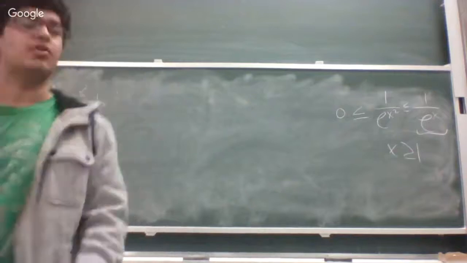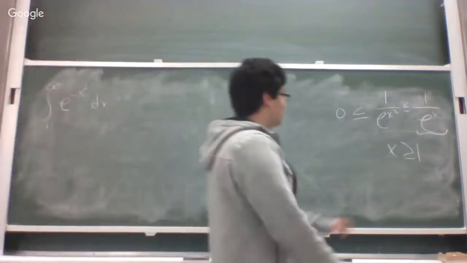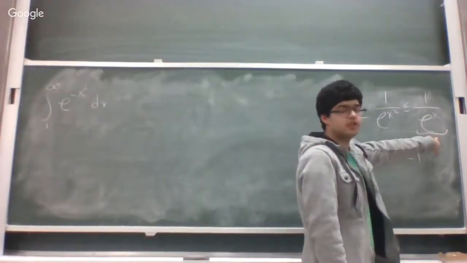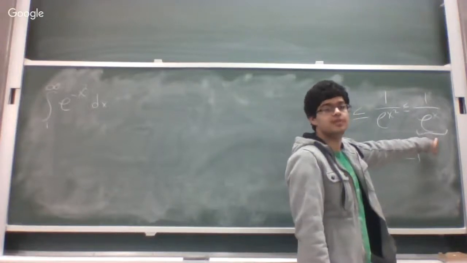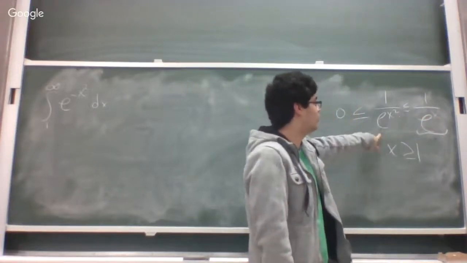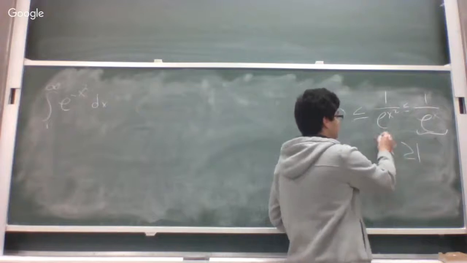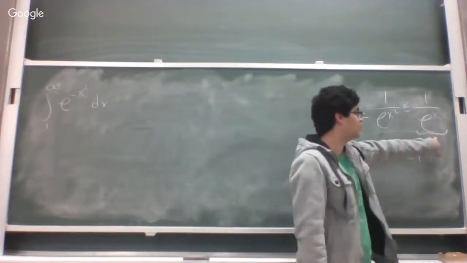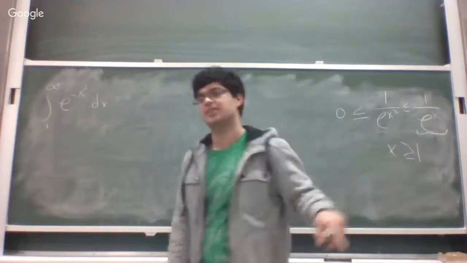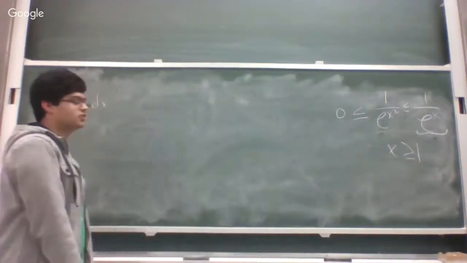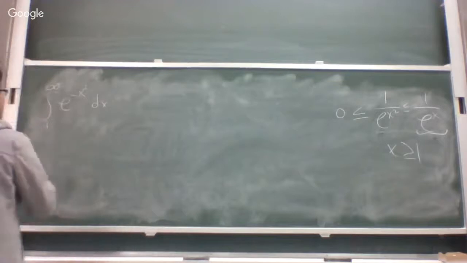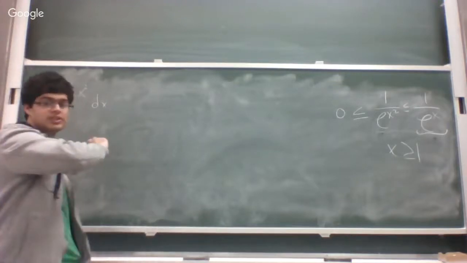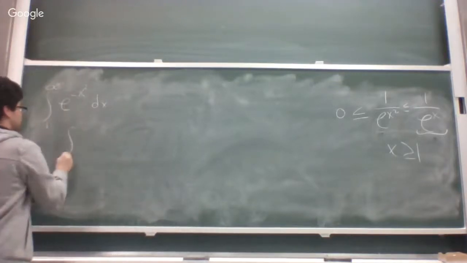If we find that the integral of 1 over e to the x converges, then we know 1 over e to the x squared converges. If we find that this diverges, we don't know what's going on. So we do that integral, since that integral is easier to do.